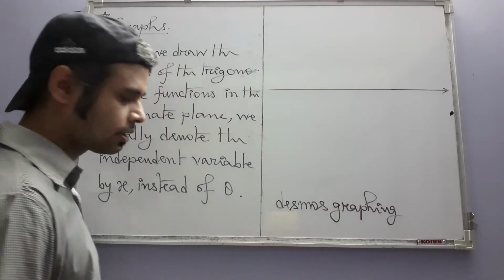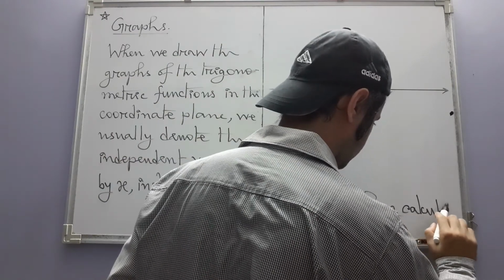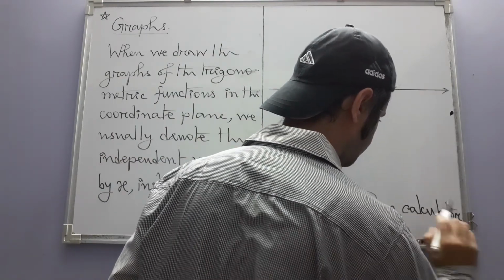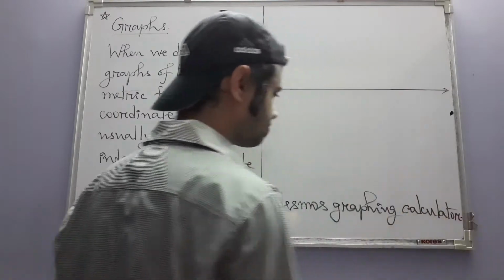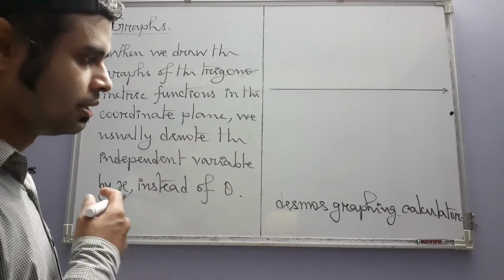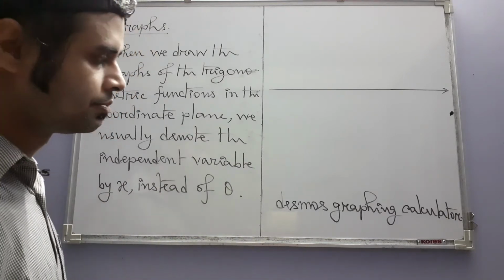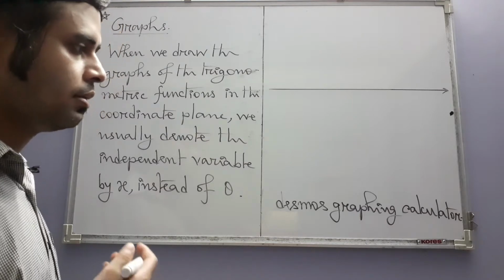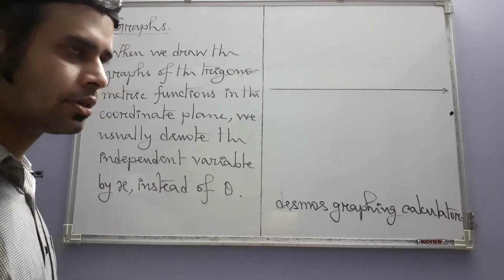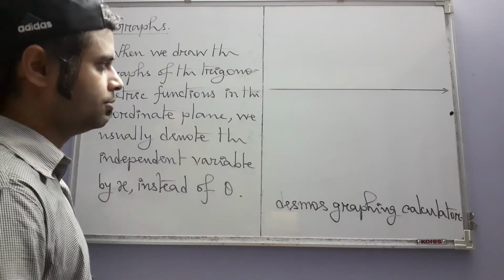Desmos graphing calculator. If you search these terms, you will see that there is a site. If you go to that site, you supply the equation, it will give you the corresponding graph, and you can do many things there. You can zoom in, zoom out, draw multiple graphs in the same coordinate plane, many things you can do.